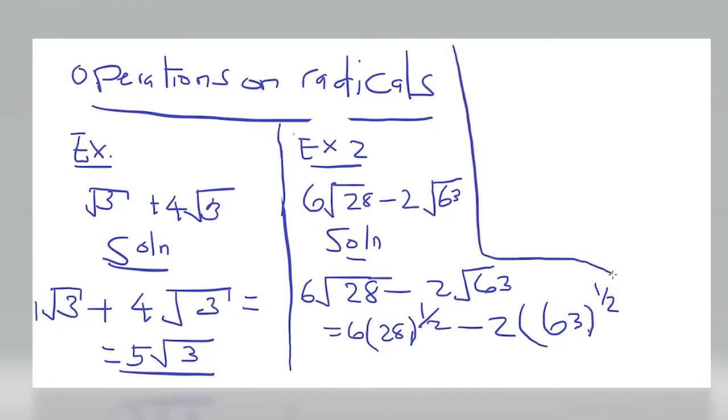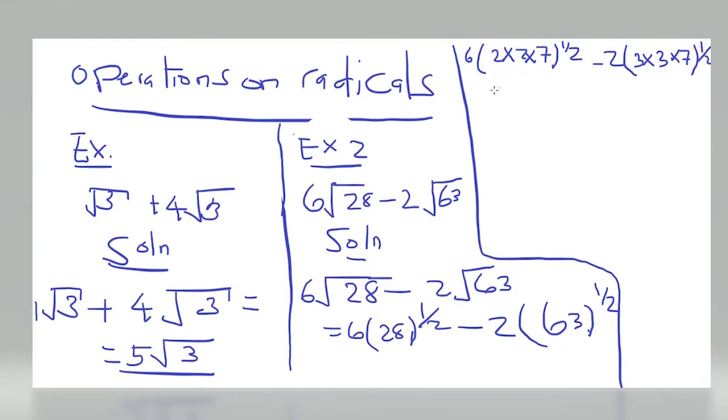Then 6, and inside, the products of 28 are 2 times 2 times 7, power half, then minus 2, the products of 63 are 9 times 7. Yes, 9 times 7 is equal to 63, exactly.